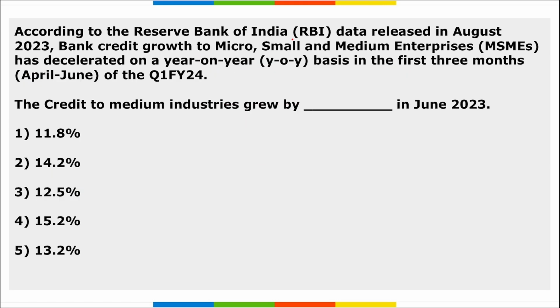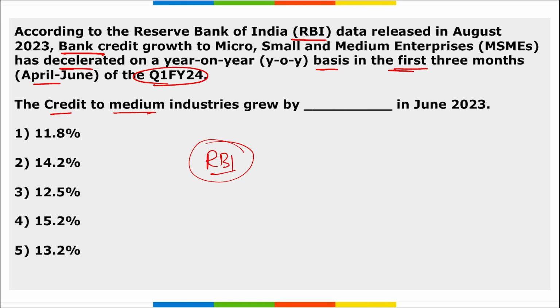Next, according to RBI data released in August, bank credit growth to MSME has declined on a year basis in the first 3 months of the first quarter of fiscal year 24. The credit to medium industries grew by dash percent. So remember, RBI released data recently that the bank credit growth to the MSME sector has decreased, right?